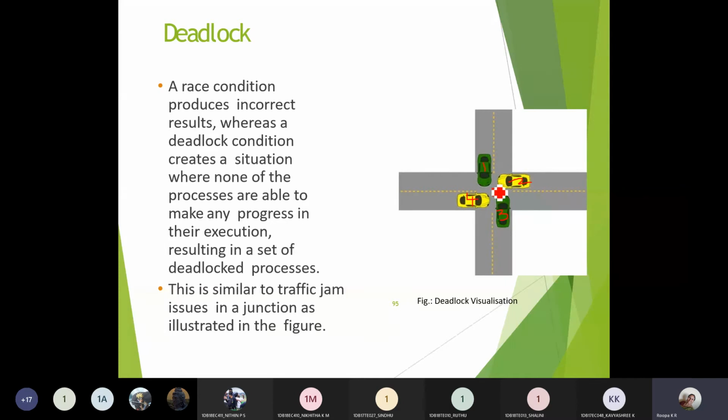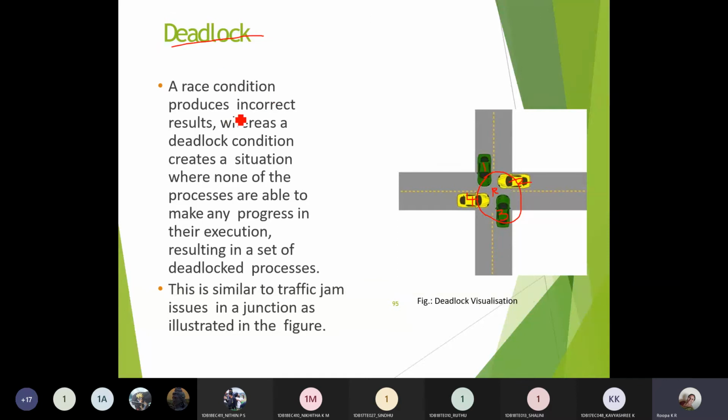Each process says it needs this resource. All the processes are requesting the resource simultaneously. As there is only one resource, it cannot be allocated, since all of them requested it at the same time. So this situation is called a deadlock situation.